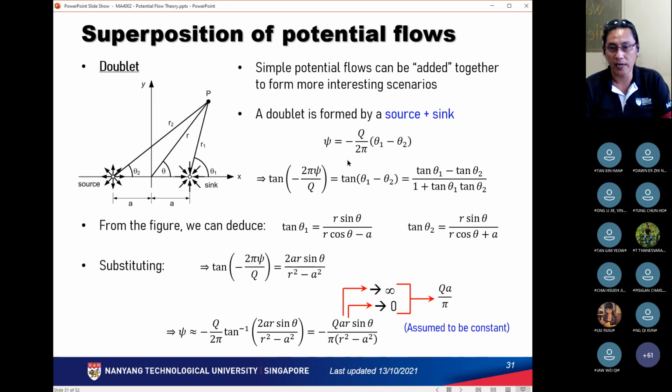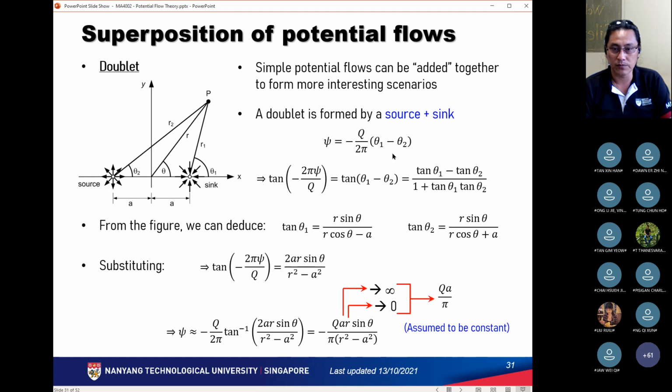As I said, we can just add the stream function of the source and the sink together, and this is what we get. Once we have got this, after we move the coefficient, minus q divided by 2 pi, to the left, we take tangent on both sides. So we end up with tangent of minus 2 pi psi divided by q equals tangent of theta 1 minus theta 2.